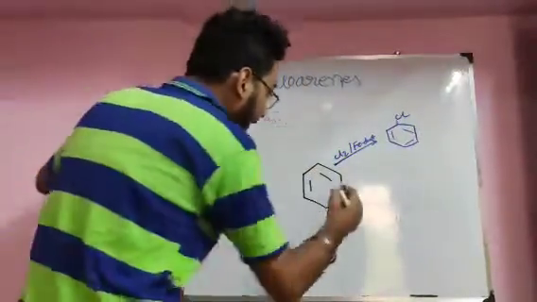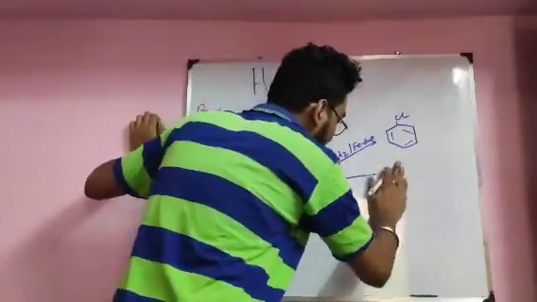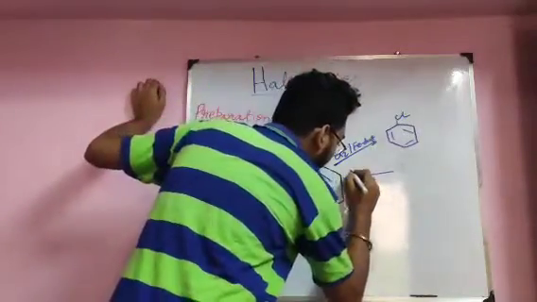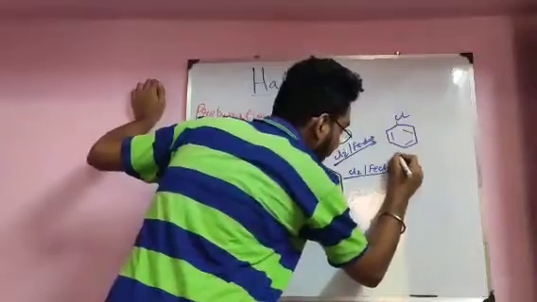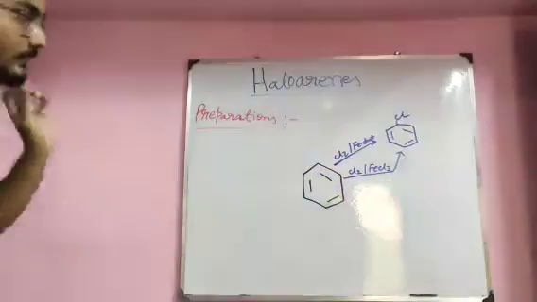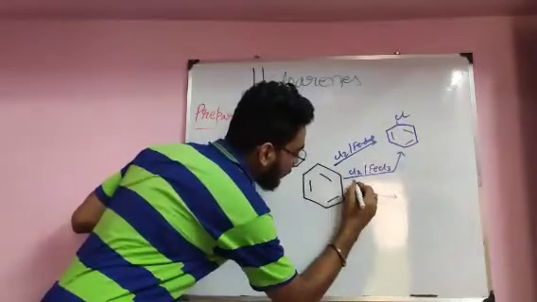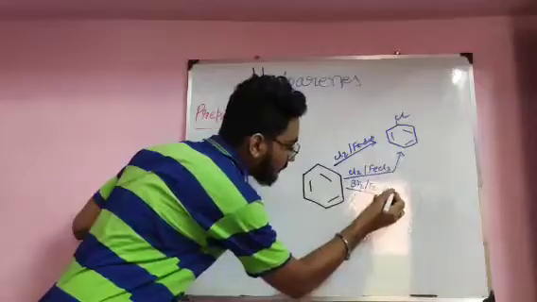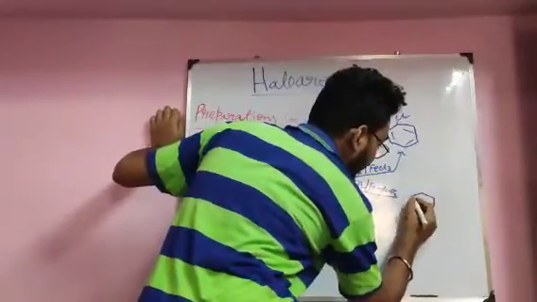If we give Cl2 and FeCl3, then the product will be chlorobenzene. Now, if we give Br2 and Fe dust, then the product will be bromobenzene.